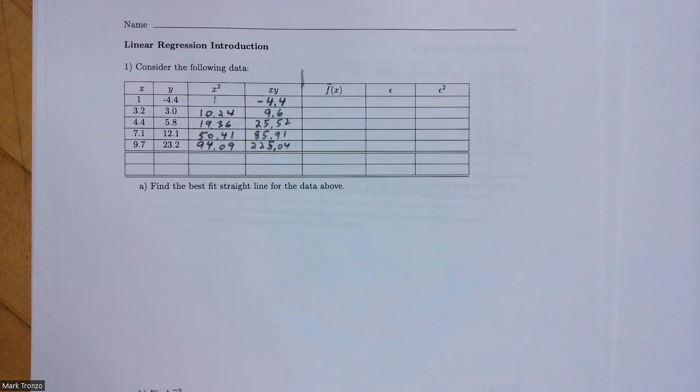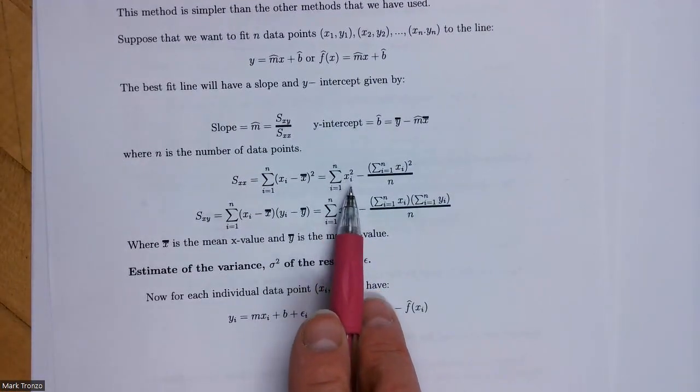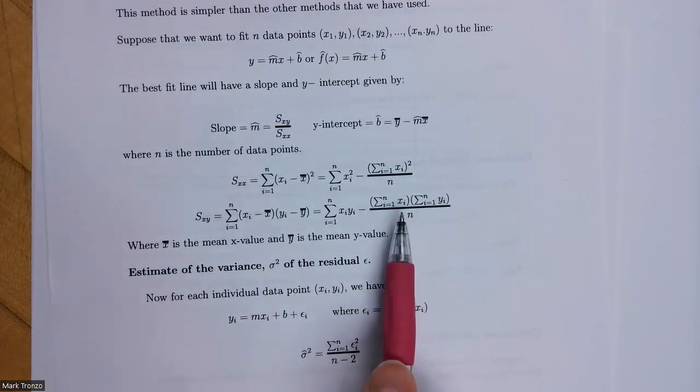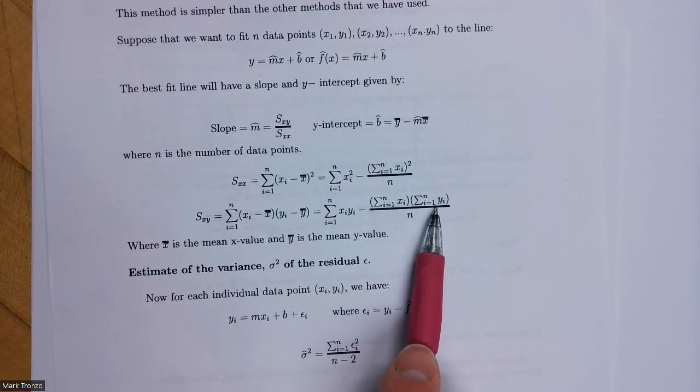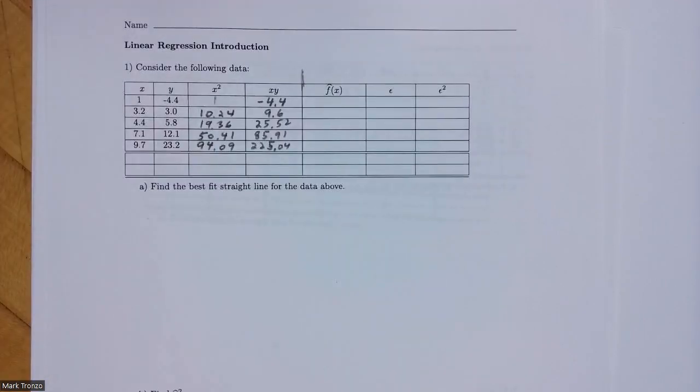And now, according to our equation sheet, we're also going to need the sums. Notice here, we're going to need the sum of the x squared column, the sum of the x column, and down here the sum of the y column and the sum of the xy column. So we would just have to add those up.